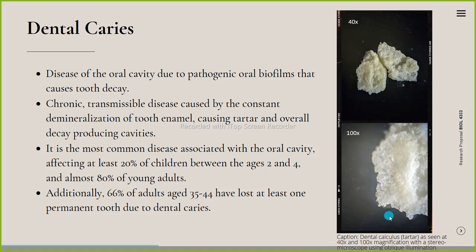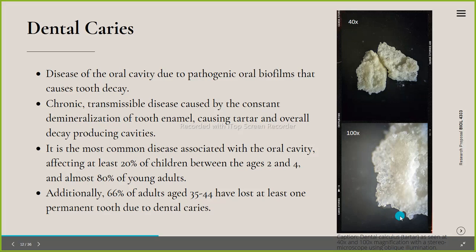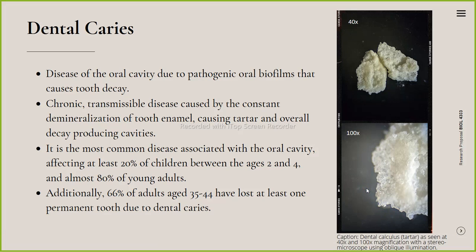The tartar and plaque that we were talking about is mostly formed from the recalcification of minerals that were dissolved by the lactic acid that the bacteria produce through metabolizing the sugars that they eat.